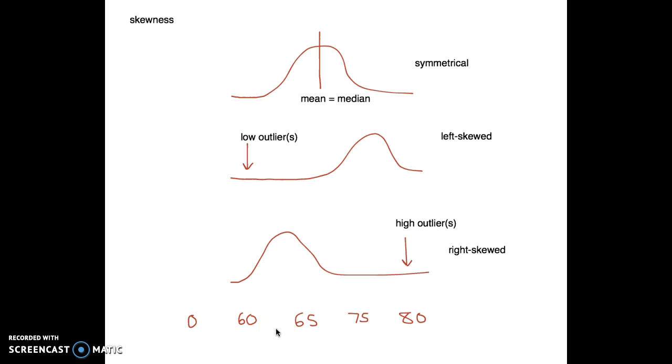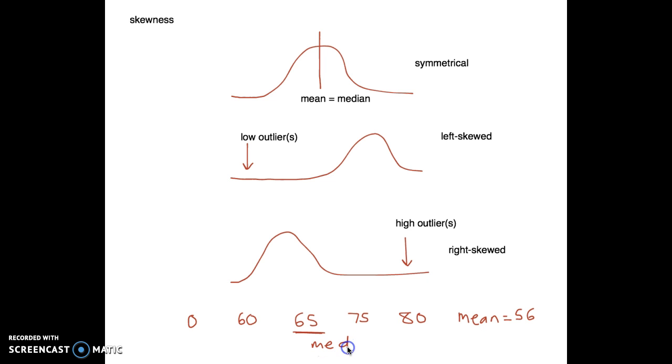So if I include the outlier on this one, if I go through and add up all the numbers, so I do 60 plus 65 plus 75 plus 80, and I'm going to be dividing that by 5. My answer for my mean is going to be 56. And then my median is going to be right here in the middle at 65.